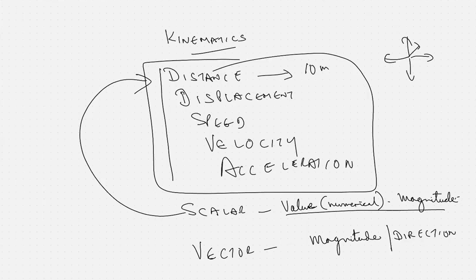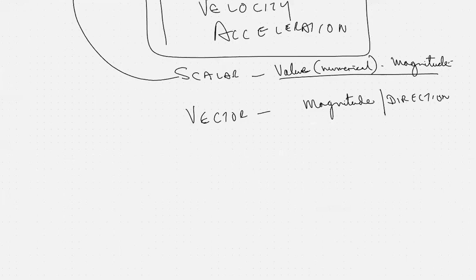Now, when it comes to displacement, it has a set direction. If somebody is running in a circle, the starting point is A, goes around and comes back to A, the person has run a distance.